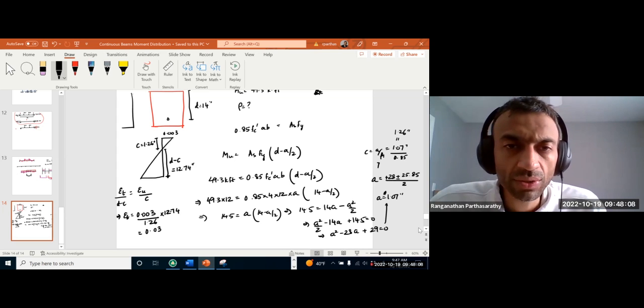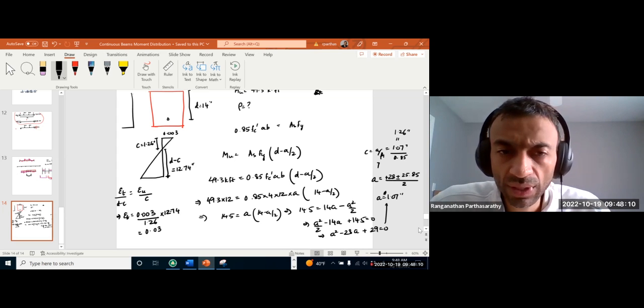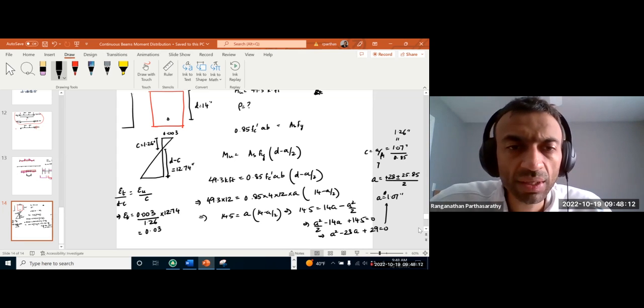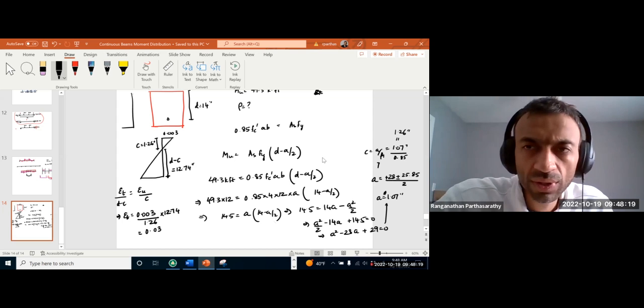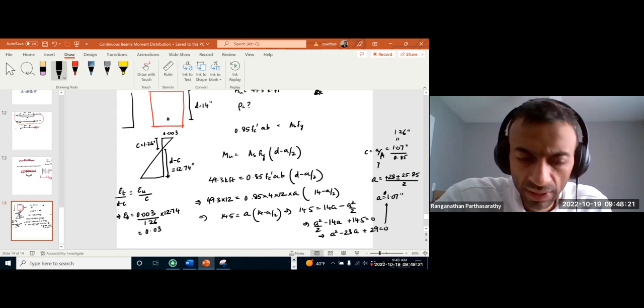Okay, so 0.03 is the strain at the level of the tension steel. Now let's see their value.